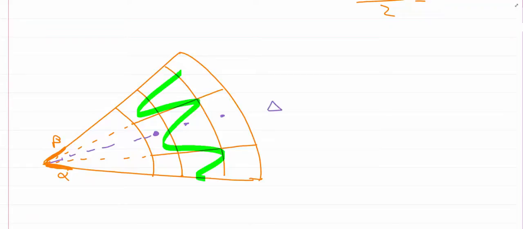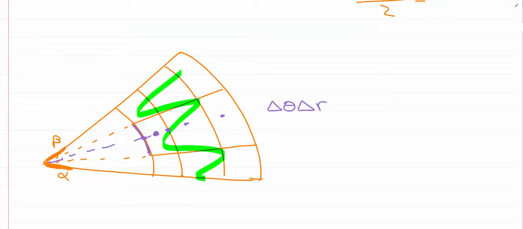Remember, this right here is delta theta, and I'm going to have delta R, because we have these two R's right here. There's delta R. Does everybody see what I'm doing now?